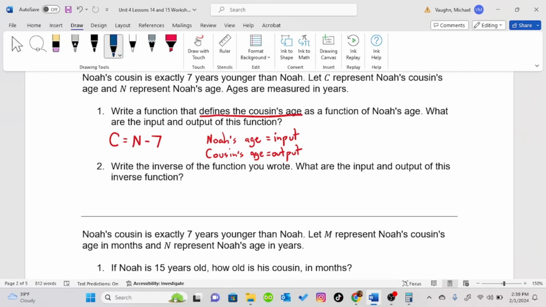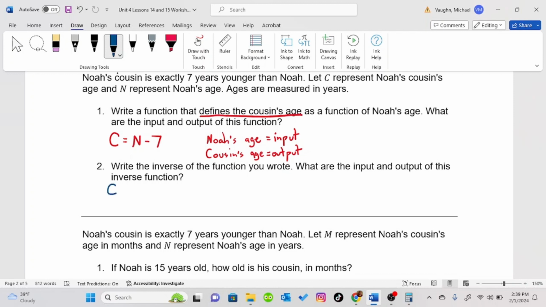Number 2, write the inverse of the function you wrote. What are the input and output of this inverse function? The inverse means I want to solve for the opposite variable. So now I don't want to solve for the cousin's age. I want to solve for Noah's age.